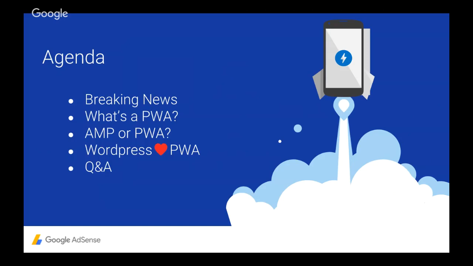Andre is mostly going to talk about what PWAs actually are. Then we're going to talk about how to choose or how to combine AMP and PWA. That's going to be an interesting topic. And in the end, we're going to talk about the WordPress plugin. We'll cover this in detail when we get to it. And obviously, the most important part for us is the Q&A at the end. Hopefully, we'll leave plenty of time for all of your questions. So keep them coming. All right, let's get going.